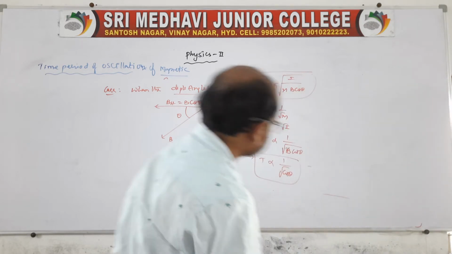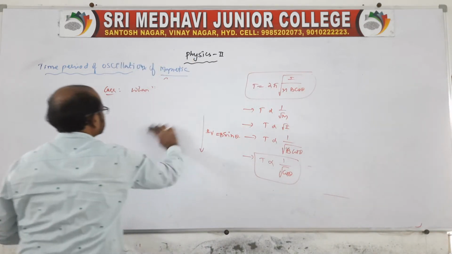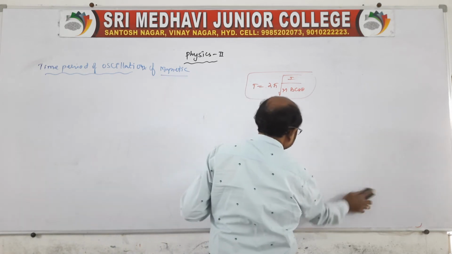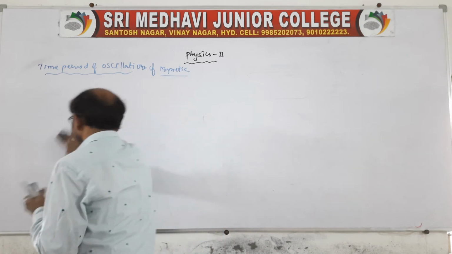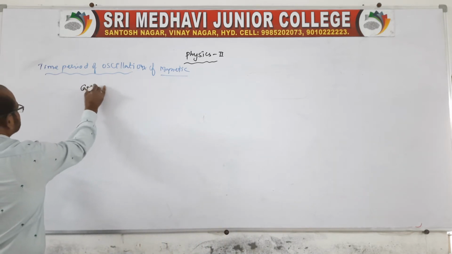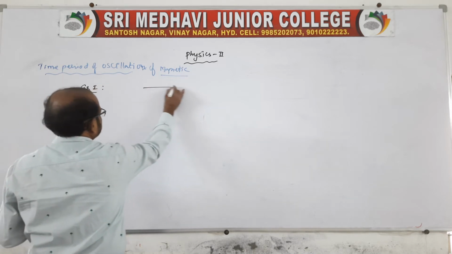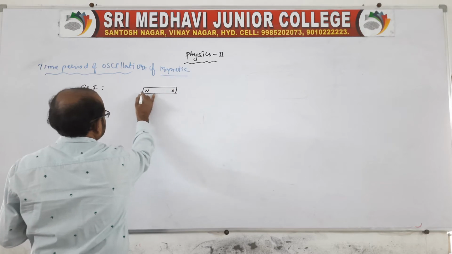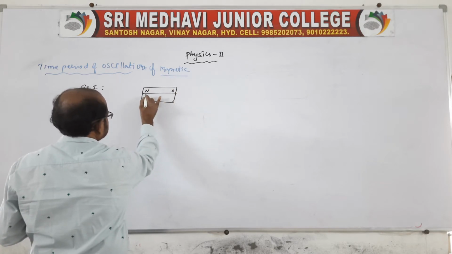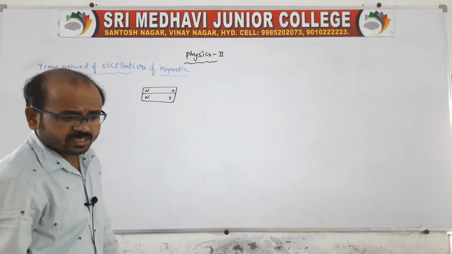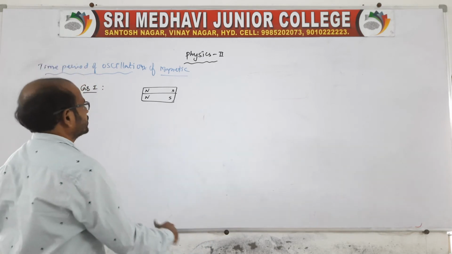Okay, in this you take the time periods only. Case 1: if two bar magnets, north south, and another also placed north south, which are placed one above the other and suspended in the uniform magnetic field.